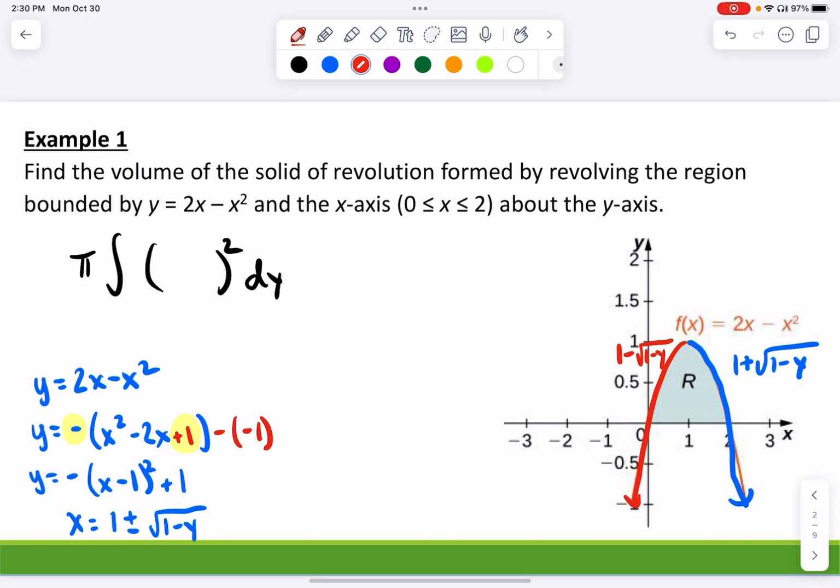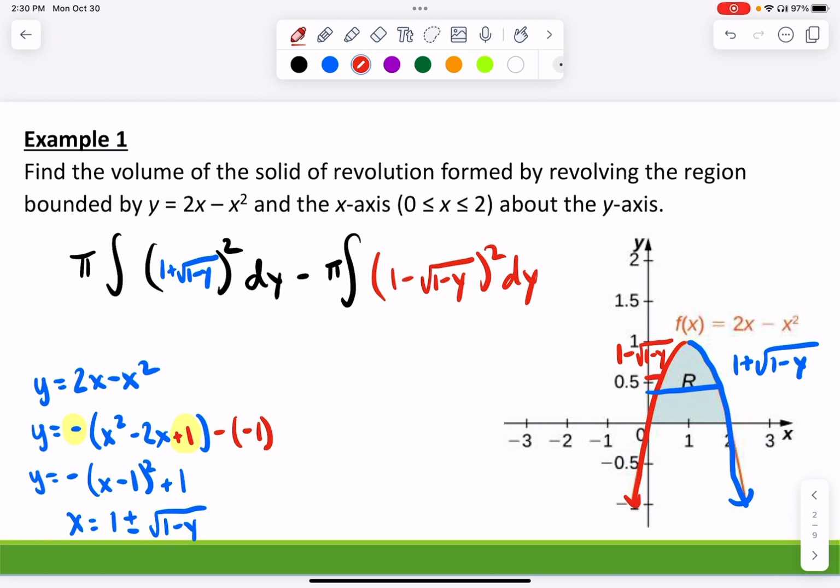So we have to do the blue radius, 1 plus root 1 minus y squared, but then I have to subtract this red radius. So I have to subtract pi integral of 1 minus root 1 minus y.